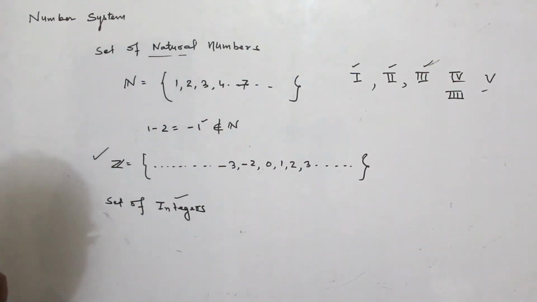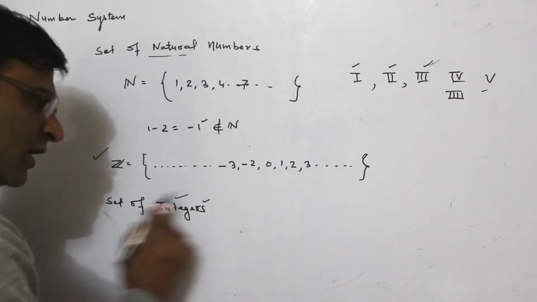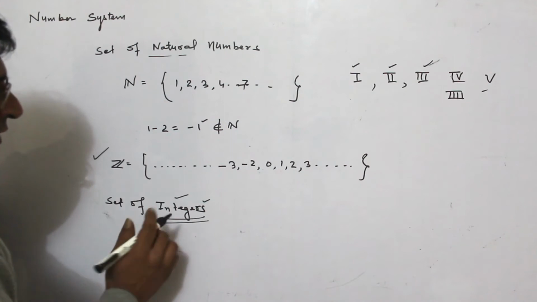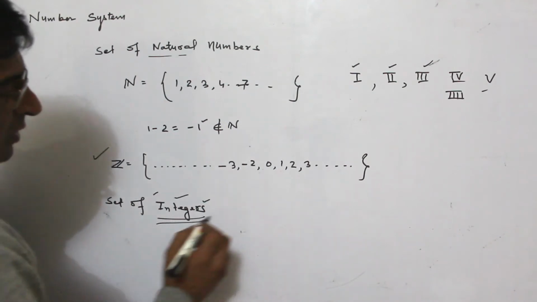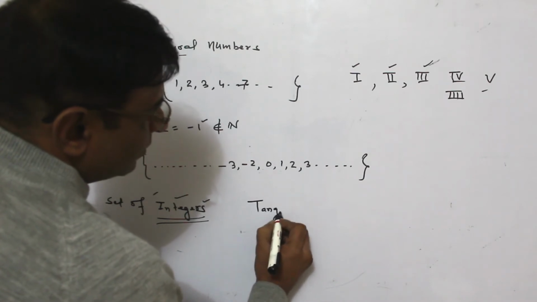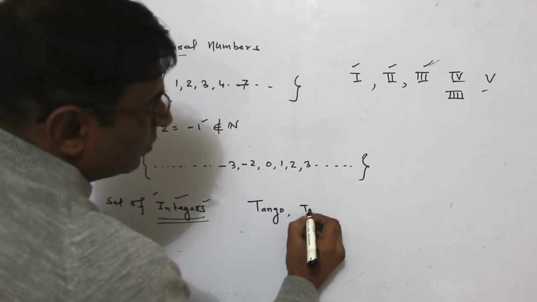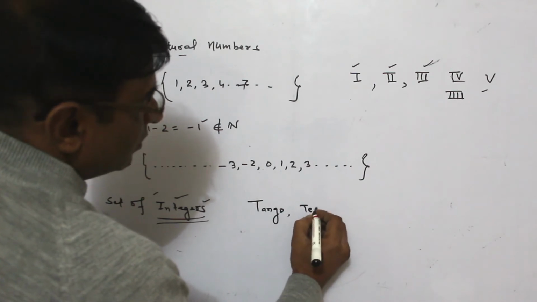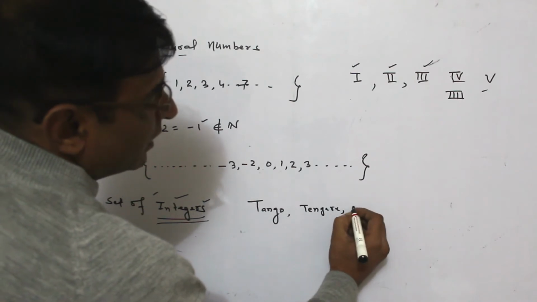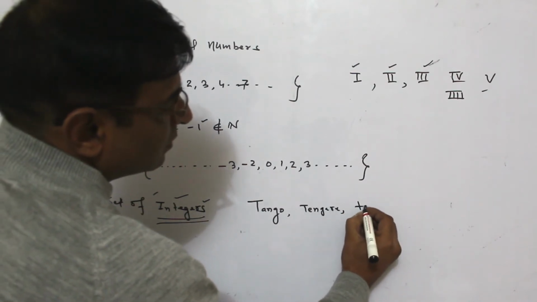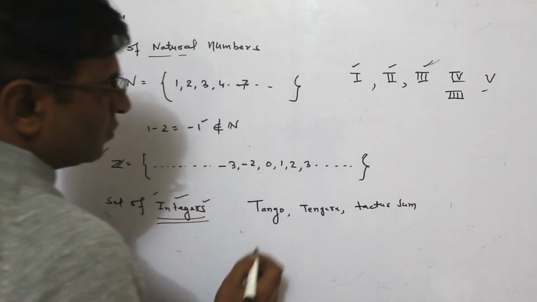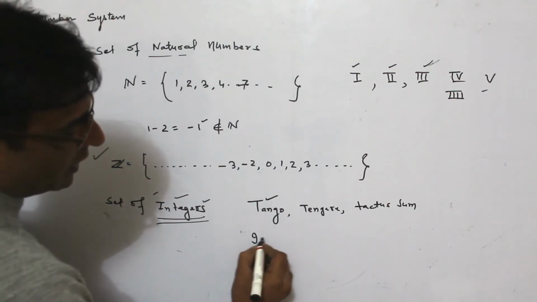This is the question. Where does this word come from? This is also from a Latin verb, tango, tangere, and the third form is tactus sum. This means I touch.